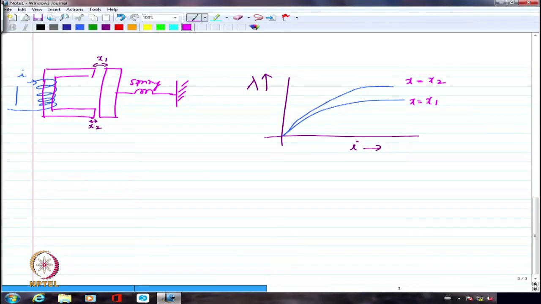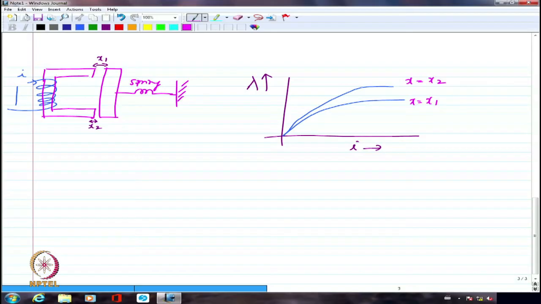And let me assume probably that the movement is taking place pretty slowly. How slowly is a matter of detail, but let's say I have an electrical time constant for this circuit, which is L by R. So if I am allowing the movement to take place slowly, the current can reach steady state at every point in time.